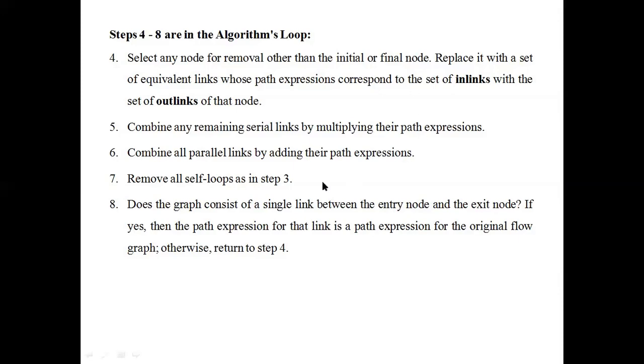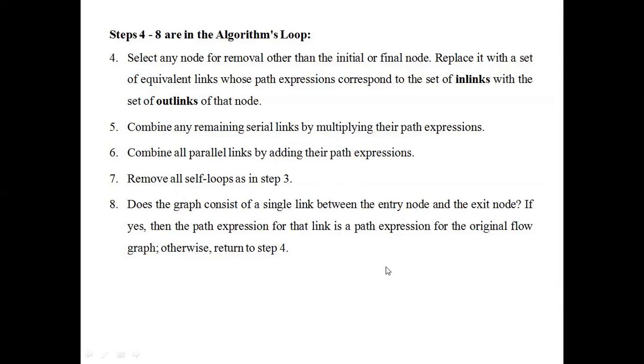Next, combine any remaining serial links by multiplying their path expressions. If there are any serial links, they continue and are added to that path expression. And if there are parallel links for that particular node, we will do the parallel links. If there is a self loop, it will be removed. So the graph consists of a single link between the entry and exit point.